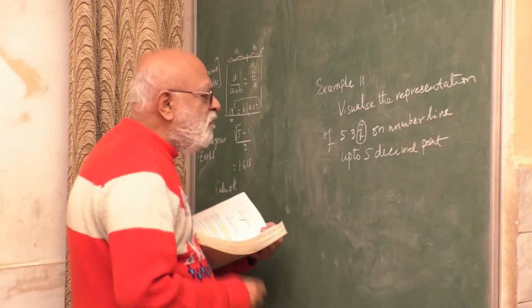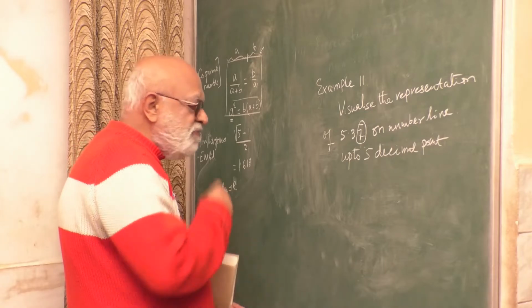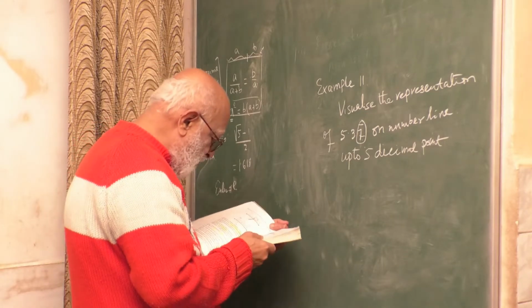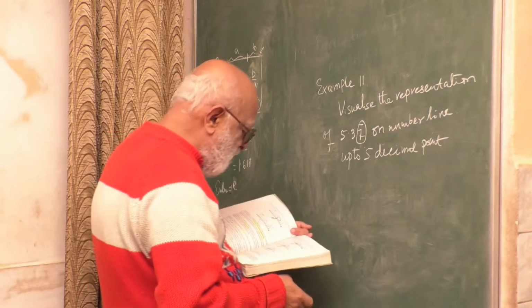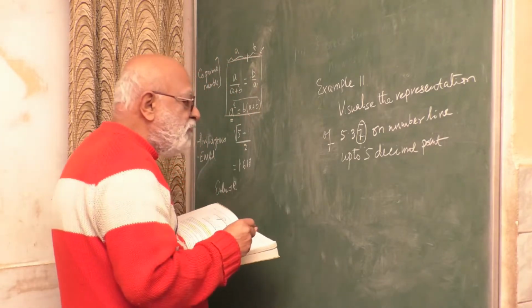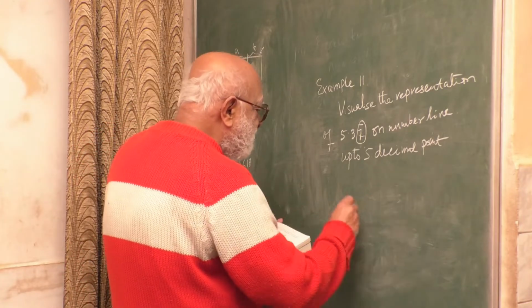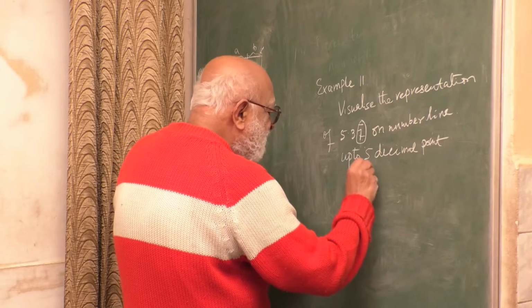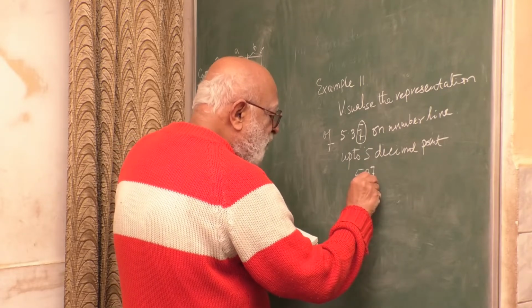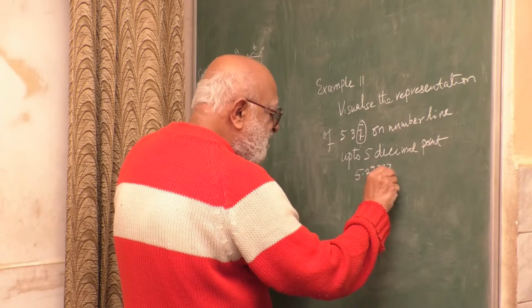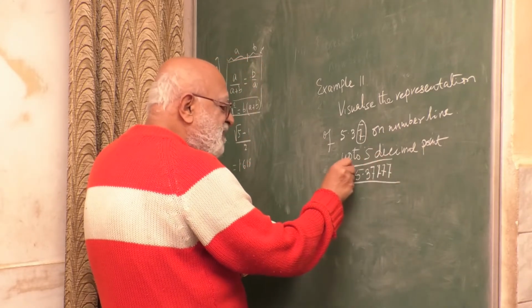I don't want to go into this because it will be a repetition of the previous one. So anyway, we can go through it again. So 5 decimal places means 5.3, this is already 2 decimal places, then 777. So this is what he is going to try.